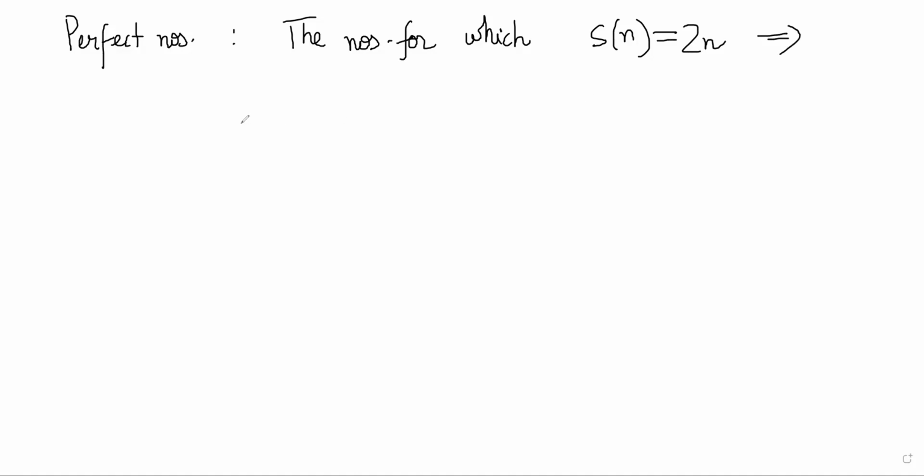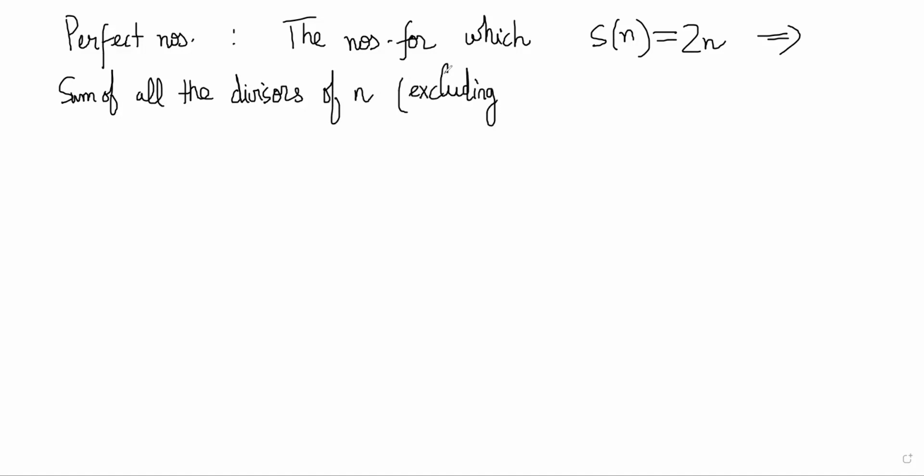Which implies that the sum of all the divisors of n, excluding n itself, is equal to n. So basically the sum of all the proper divisors of n should be adding up to n. In that case, that kind of a number is called a perfect number.